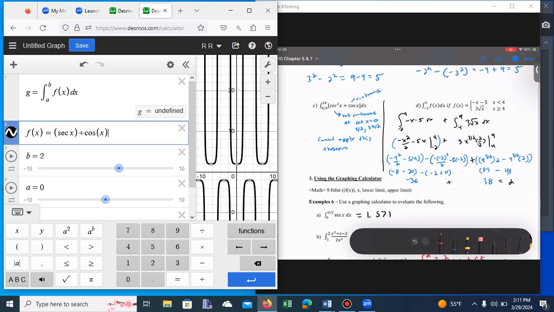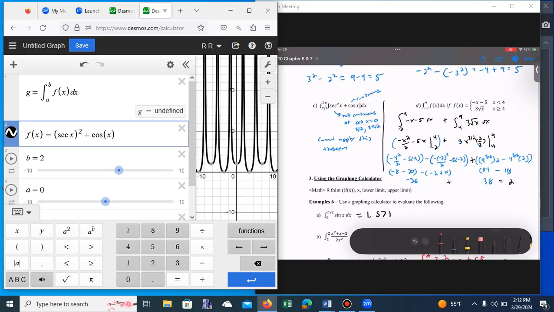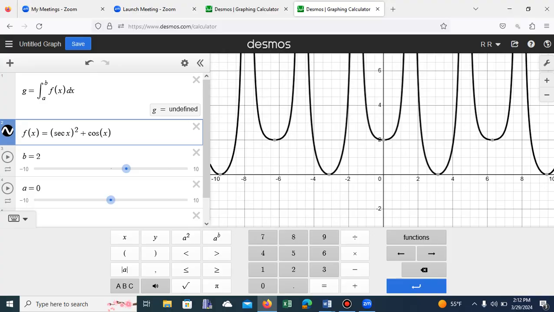Yes, go back and square that. Now we can see in the graph, there are absolute values, or not absolute values, I'm sorry, asymptotes in certain positions here.